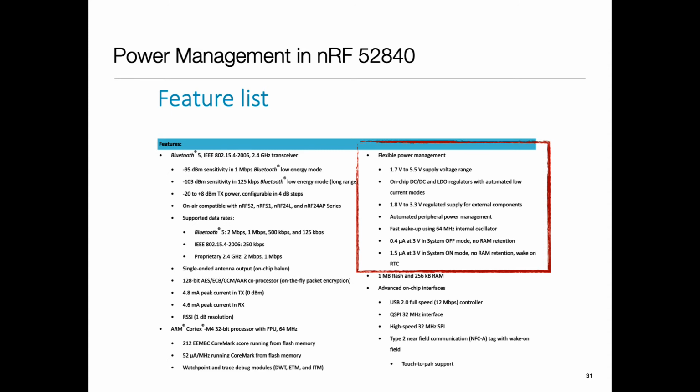Automated peripheral power management. Usually in these systems, the processor core is just a small part of the overall system, so power management is not simply an issue for the processor, but there are counterparts for other things. Let's say you have a camera. You can change the frame rate, you can change the resolution, you can change black and white versus color. If I have some other sensor, maybe I can change the sampling rate. So there are analogous things for everything.